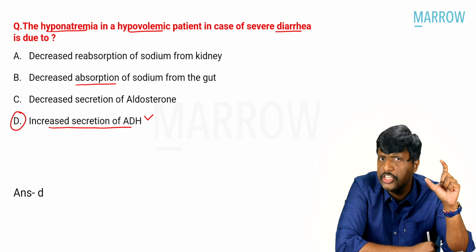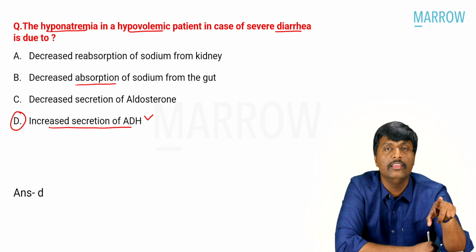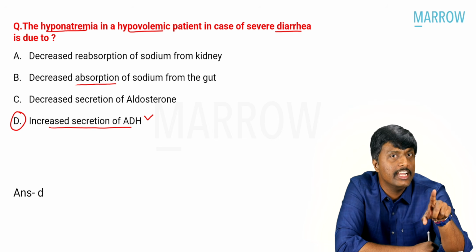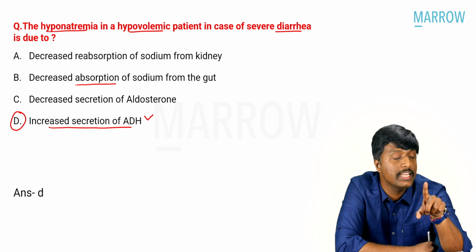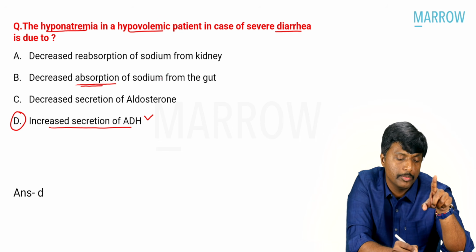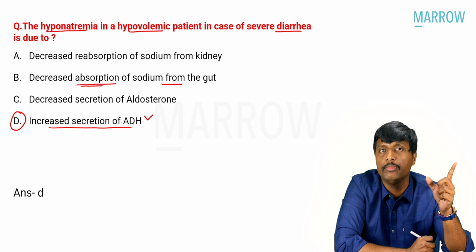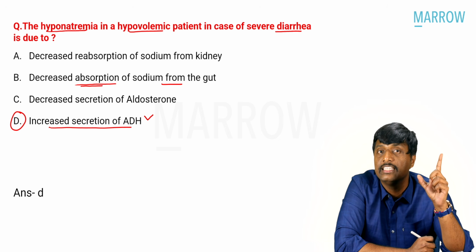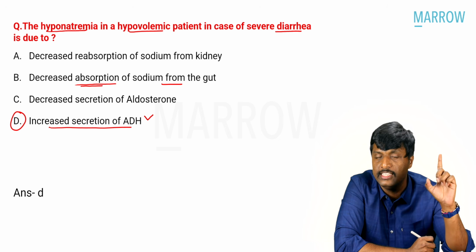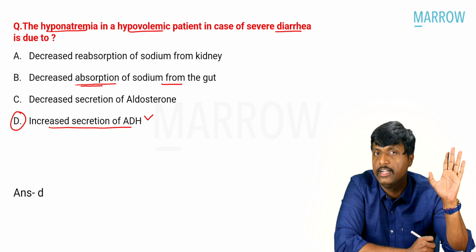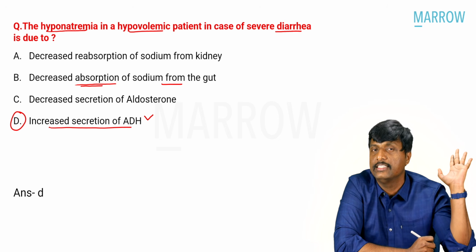Few students mentioned there was an option decreased ADH. If the option decreased ADH was there, then the best answer becomes decreased absorption of sodium from the gut. Majority of the students told me the option was increase in ADH. If increase in ADH was there as an option, then definitely increase in ADH should be the answer.